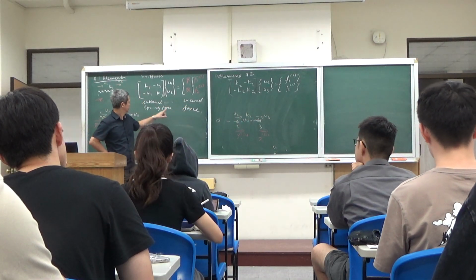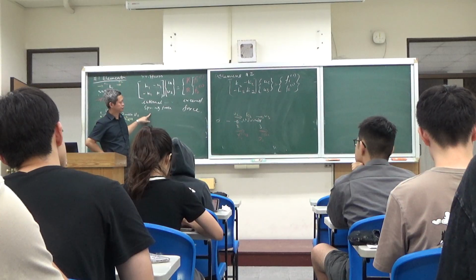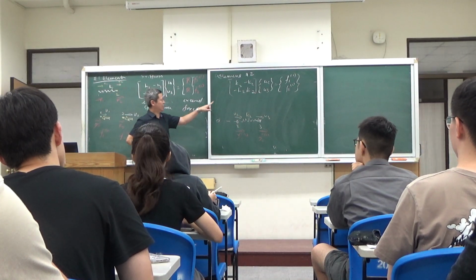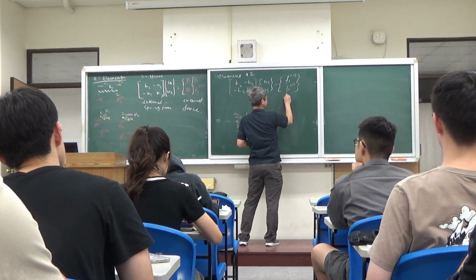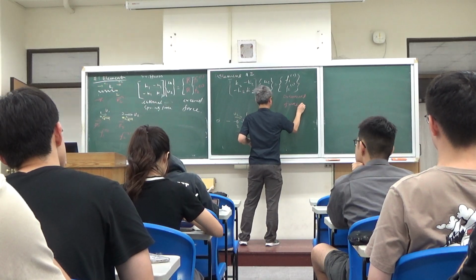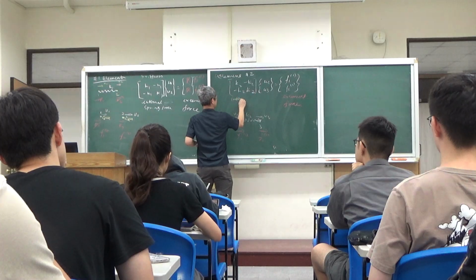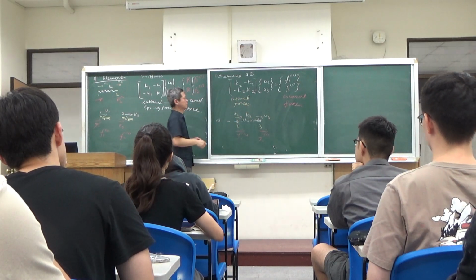External force is equal to the internal force. This is for element 1. For element 2, this is no different. This is still external force equal to the internal force.